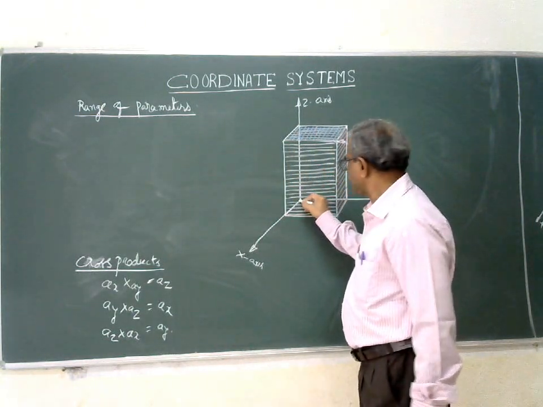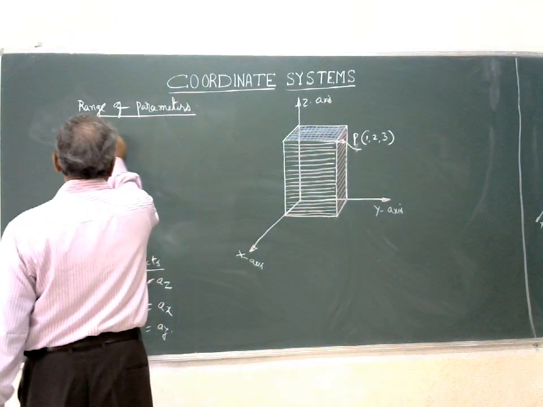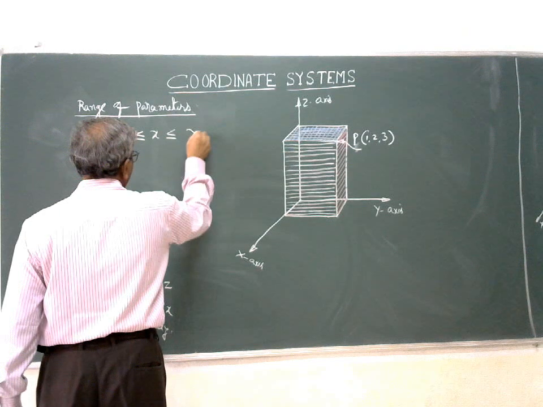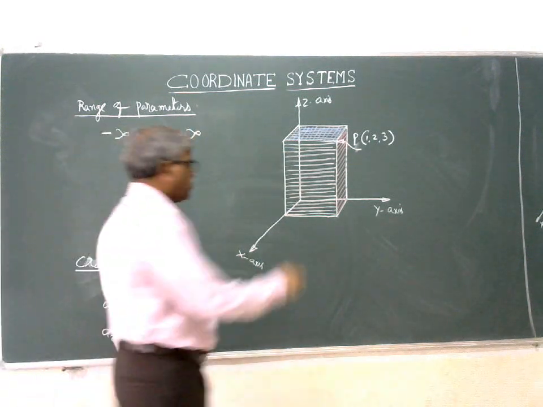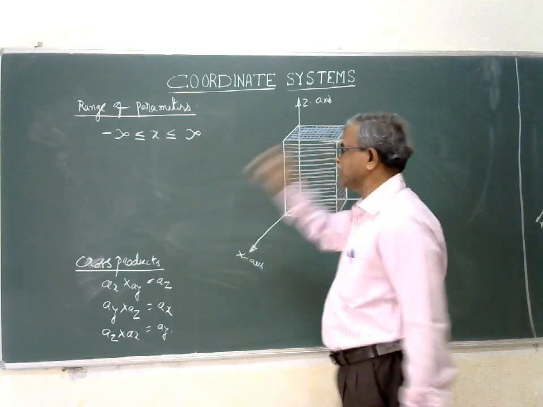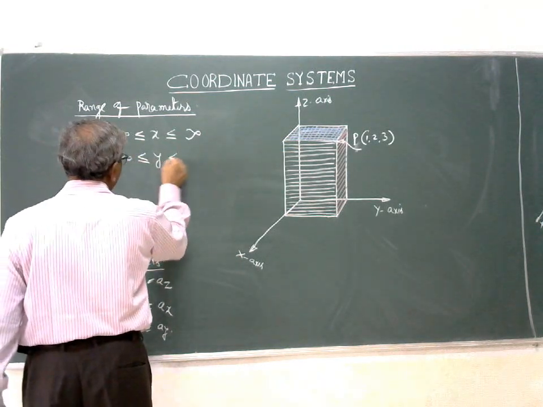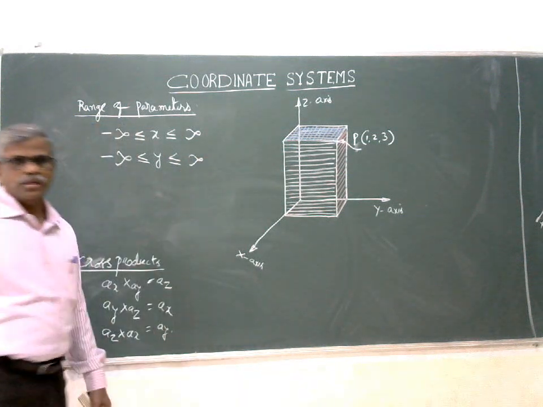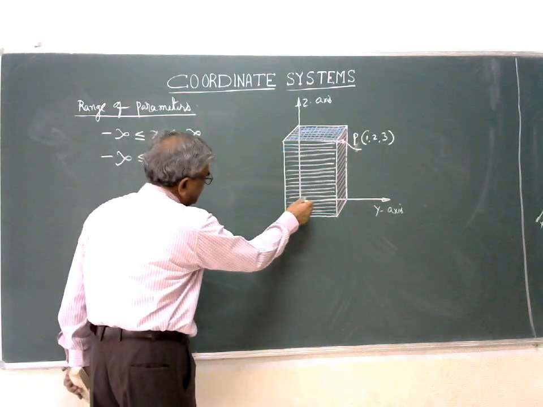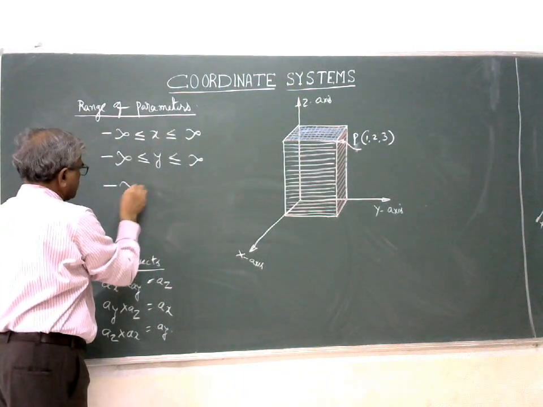X may change from minus infinity to plus infinity, so minus infinity is less than or equal to x, less than or equal to plus infinity. Similarly, the y coordinate may vary from minus infinity to plus infinity, and the z coordinate will also vary from minus infinity to plus infinity.